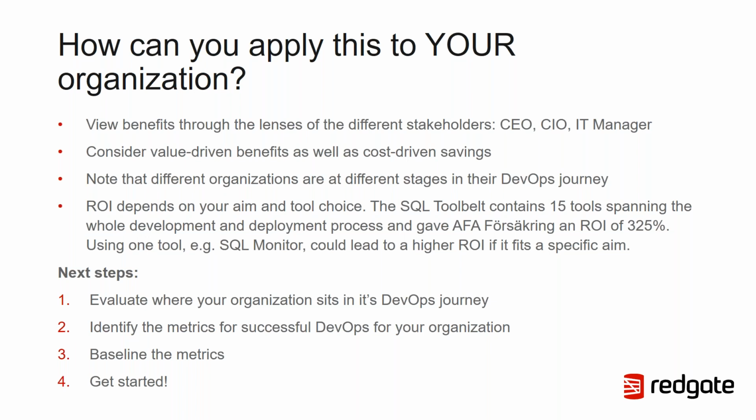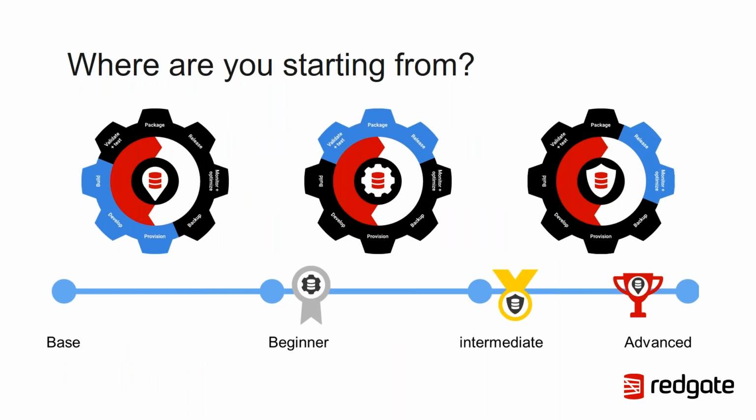Of course, when I say here evaluate where your organization sits, Redgate are happy to help in this. We've worked with a huge number of organizations, and we have gathered a wealth of information about what we would expect to see in organizations that are in different stages of maturity. And from that, we actually put together the Database DevOps Maturity Assessment Framework.